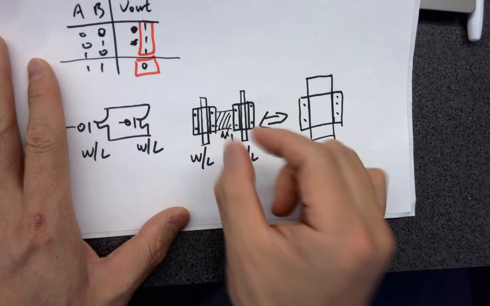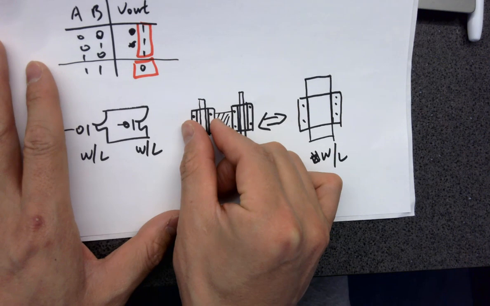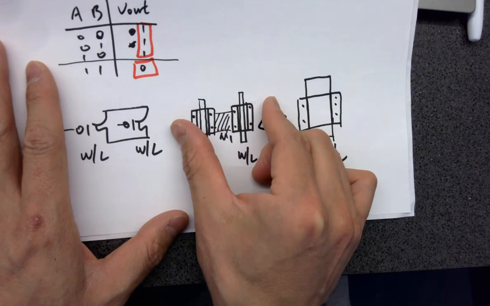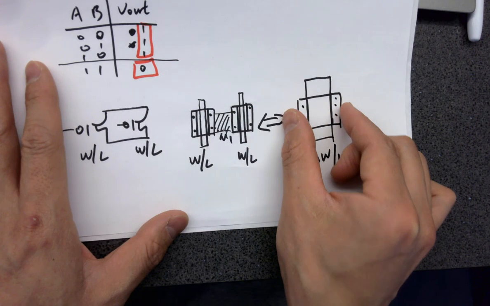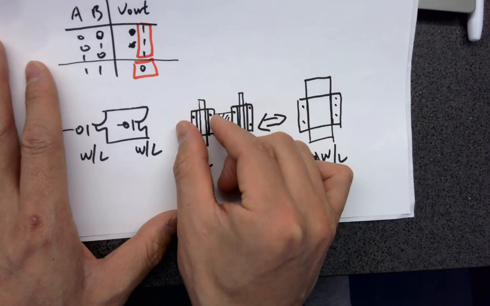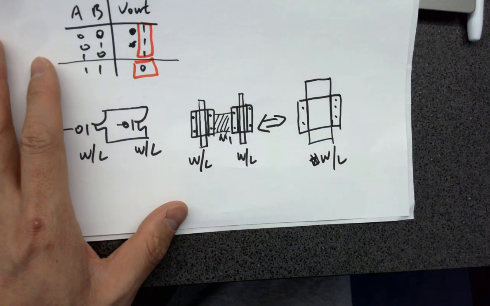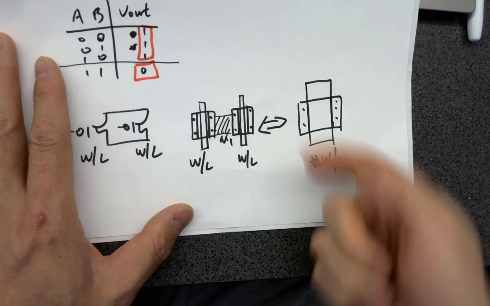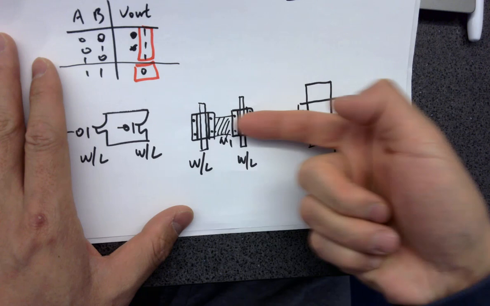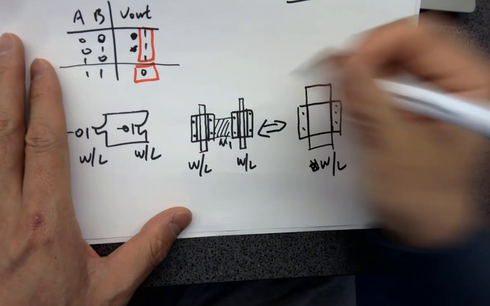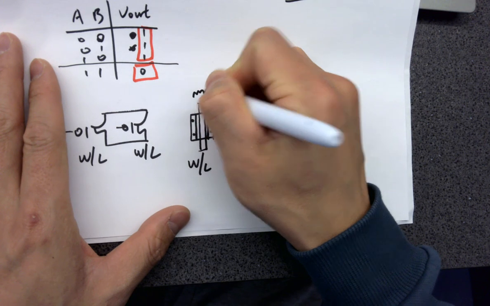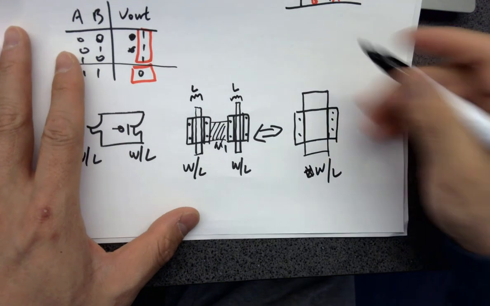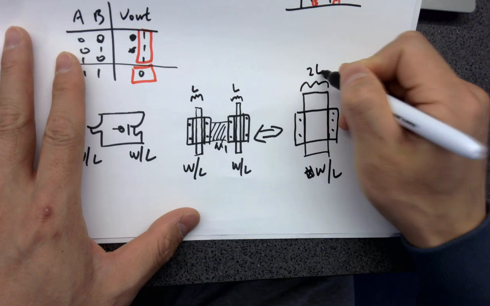If I merge these two, for example, here is one unit, another unit, and merge the two transistors into one bigger transistor, am I doubling the width or length of the single one? The length, because that's the channel, that's the current flow direction, that's the length. So this dimension here is the length. So this becomes 2L.